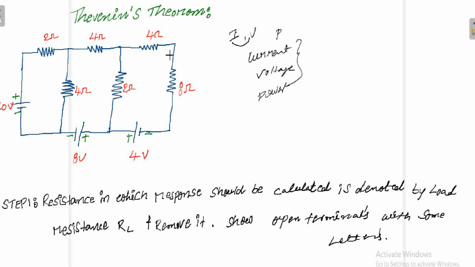There we didn't use any theorem, not even superposition. We applied basic laws: we denoted currents, distributed them, applied KVL, got 3 equations, solved them and obtained the required value.